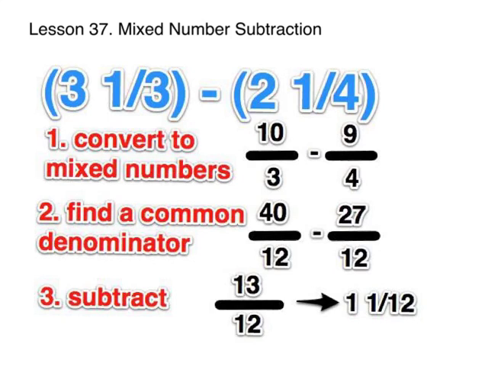So if I say 10 thirds minus 9 fourths, again I've got 40 over 12 minus 27 over 12 is 13 over 12, and that's 1 and 1/12, just like it was yesterday. I know it was a subtraction problem yesterday, and it is again today, but really the point is that subtraction and addition of fractions are done exactly the same way. You're just adding one and subtracting the other.